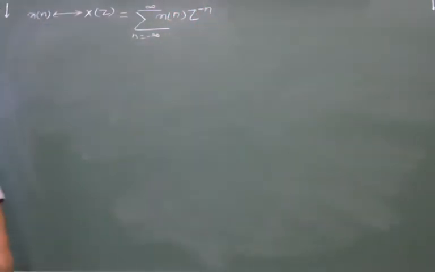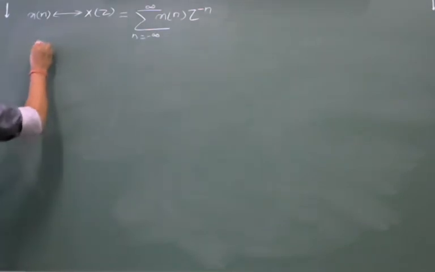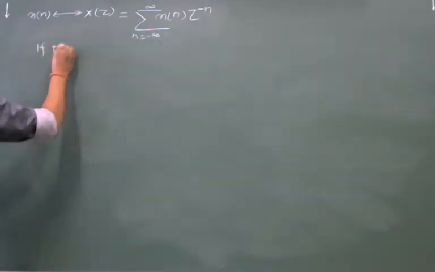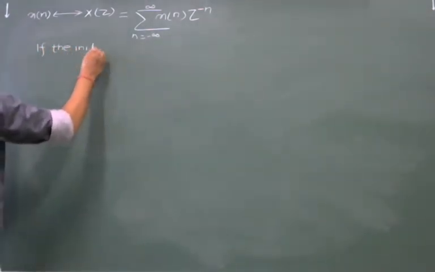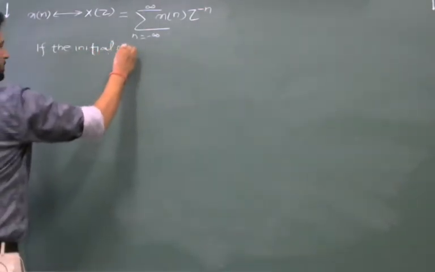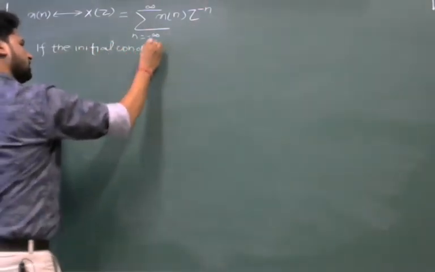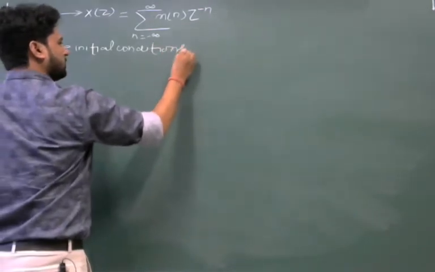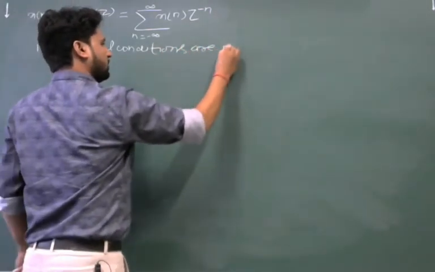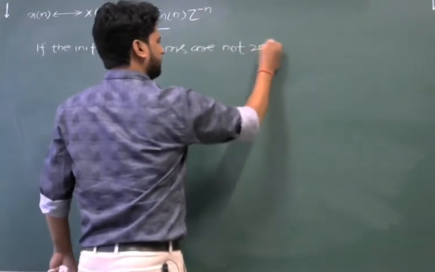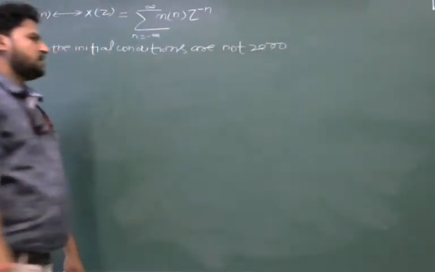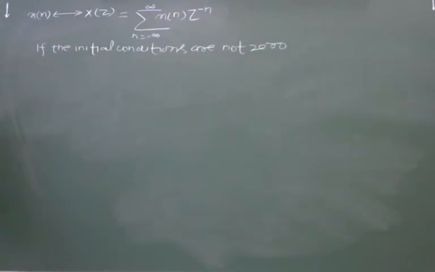We can write the z transform of x of n as sigma n from minus infinite to plus infinite x of n z power minus n, where if initial conditions are not 0, means some initial conditions are given itself.